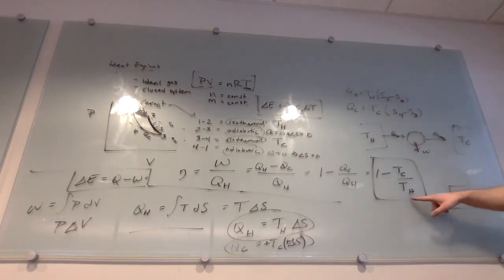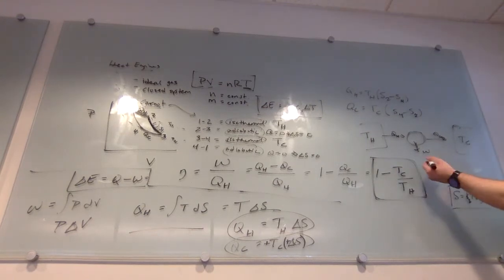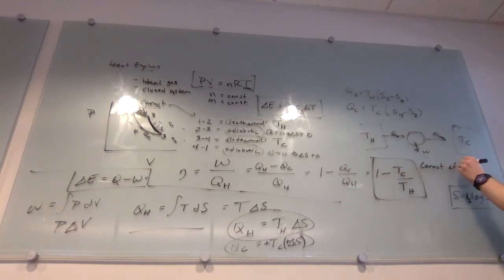You literally just have to get your hot one to be as hot as you possibly could, because this ratio needs to be small so that the efficiency is high. So this is called the Carnot efficiency, I think. Sometimes people just call it the heat cycle efficiency.